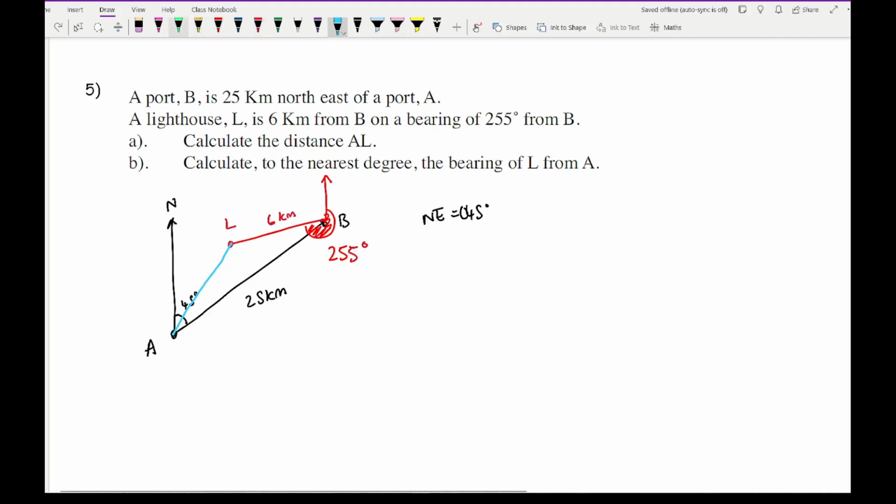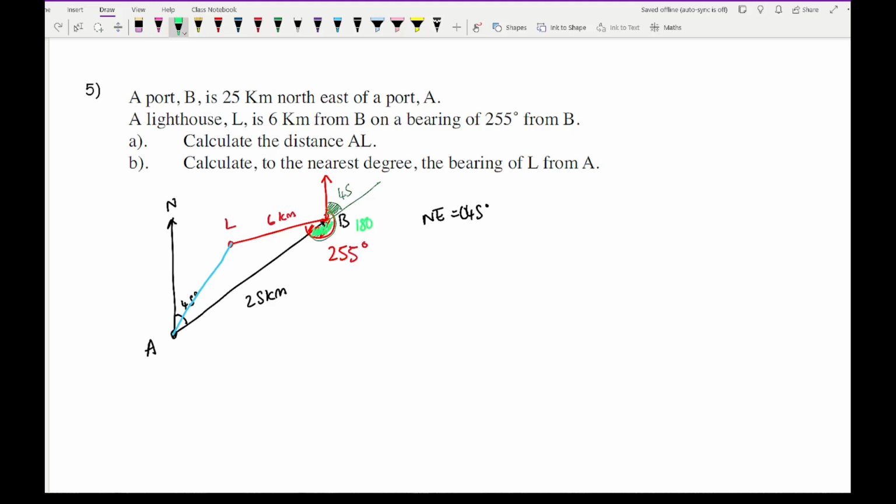For this, I'm not going to draw another triangle just yet because I'm going to have to deal with some back bearings. Looking at this here, this angle here is going to be 45. And this angle here, let's use different colors, is 180.